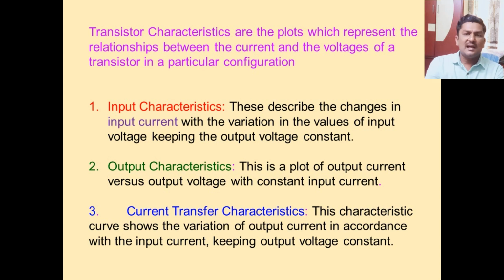Next, the output characteristics of a transistor is a graph between output current and output voltage when the input current is kept constant.